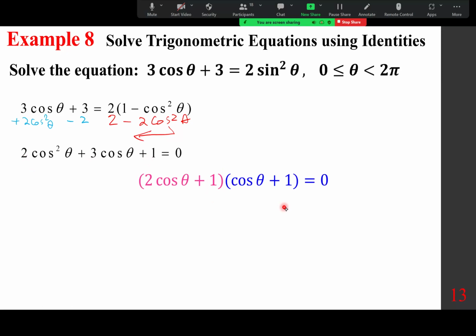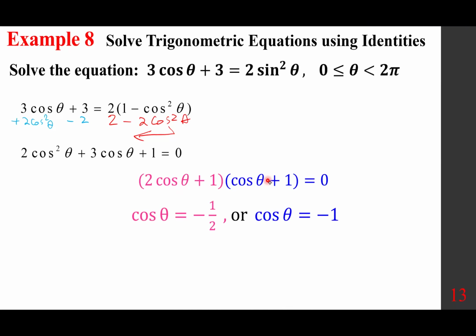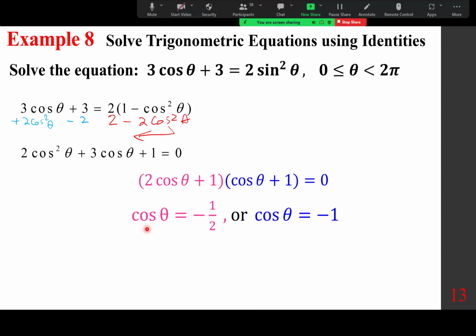All right, in the first case, if you set this equal to 0, cosine theta becomes negative 1/2. In this case, it becomes negative 1. So if you go back to the notes, I explained how you solve that. First, you go with the reference arc. Cosine theta is 1/2. You figure out the reference arc.